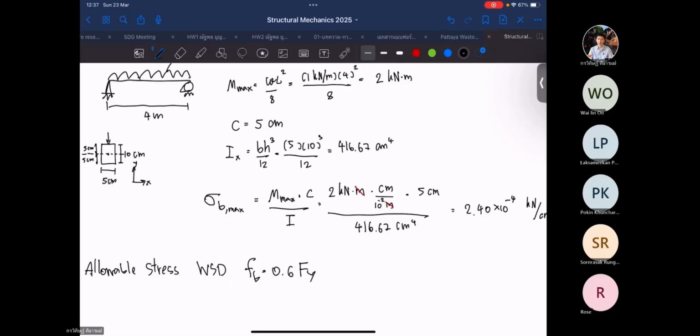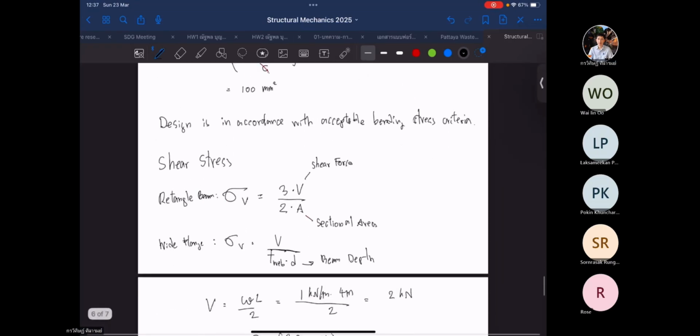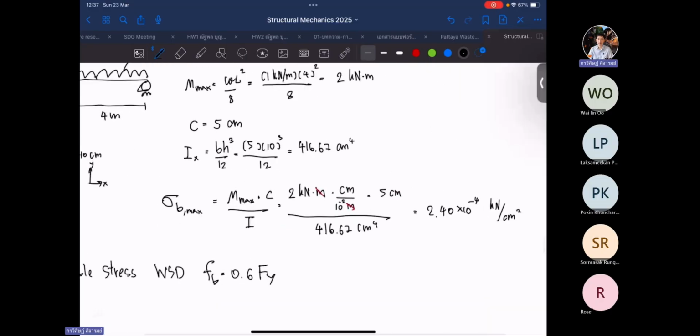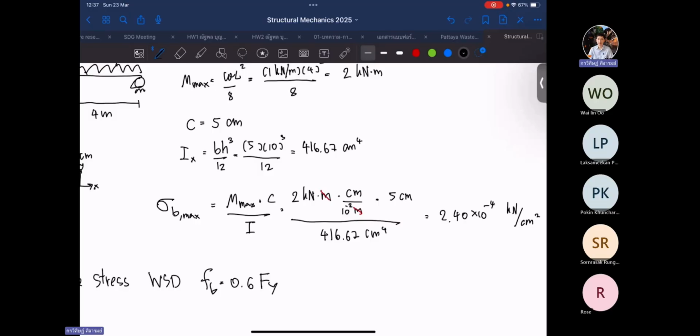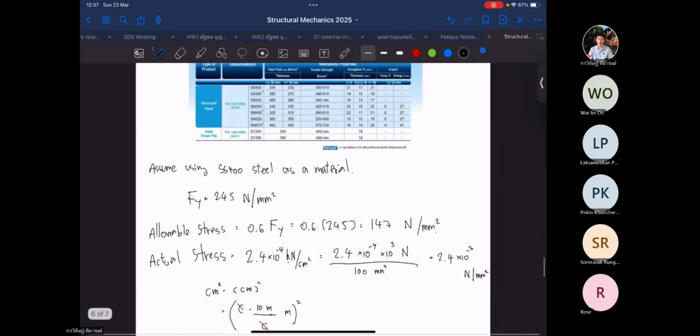Okay. Let me check this one. Kilonewton meter. Okay, correct. Kilonewton meter, kilonewton centimeter. Let me check the unit conversion first.